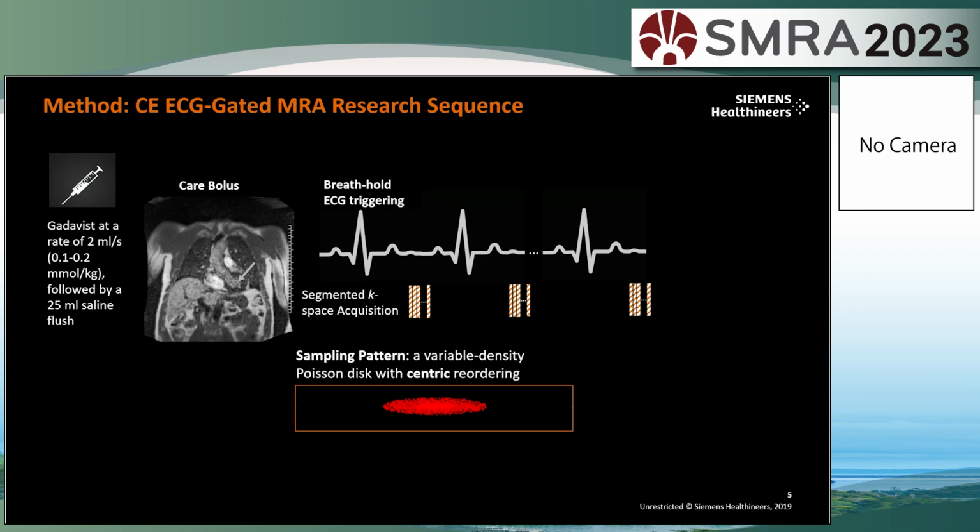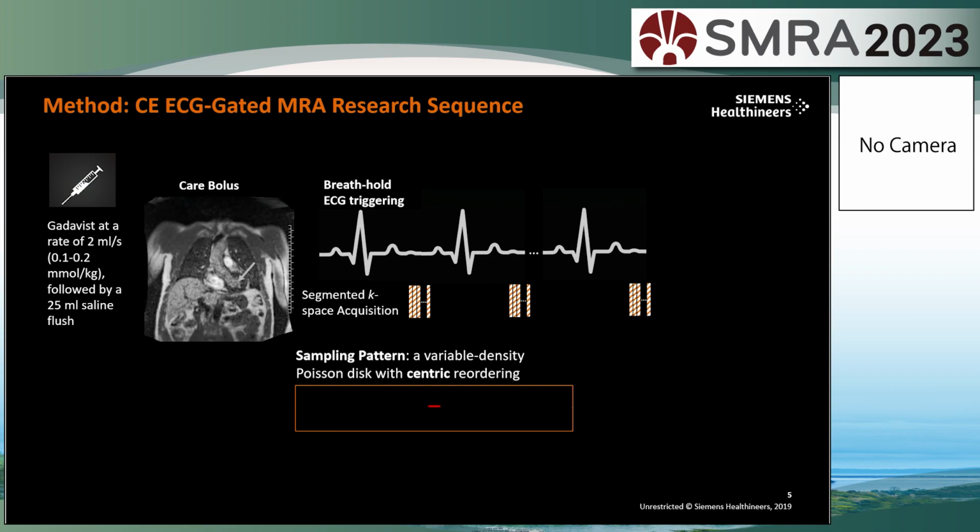Acquisition is acquired with a breath hold and gated to ECG. Images are acquired in the diastole phase with segmented k-space based acquisition. This prototype sequence provides the flexibility to determine when the center of k-space is acquired in which heartbeat. So in our case, we use a centric acquisition, and the center of k-space is acquired early in each heartbeat to reduce cardiac motion artifacts.